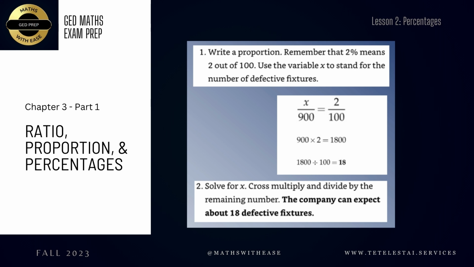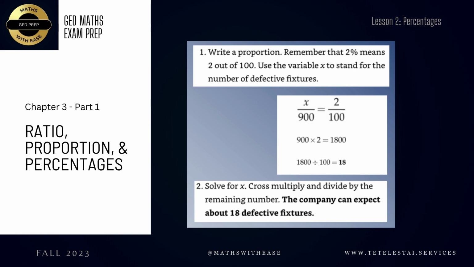So when we've plugged 18 back into the formula just to check our answer, we multiply 18 by 100, we know that's 1800. We multiply 900 by 2, we know that's 1800. And so now you have confidence that your answer X is correct, right? And then you can confidently say that 18 of the 900 fixtures will be defective.